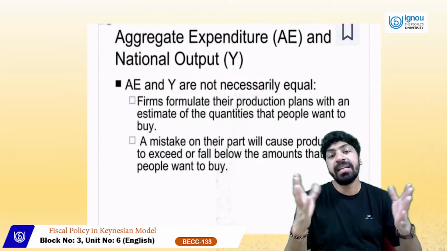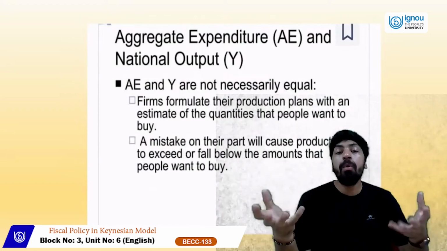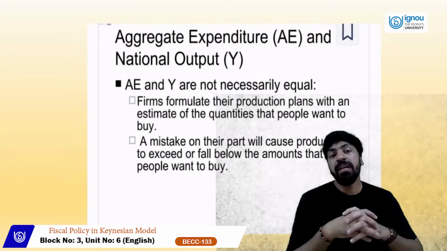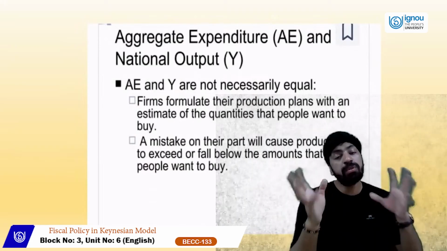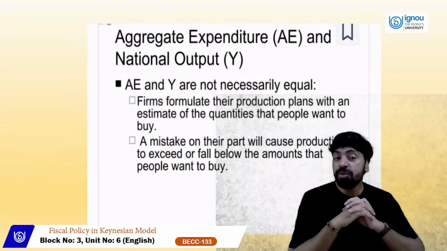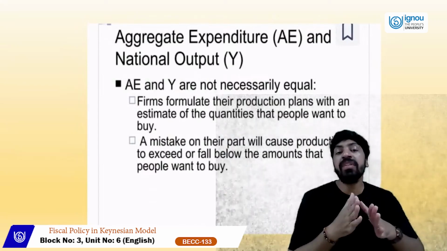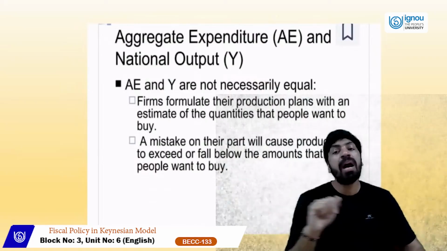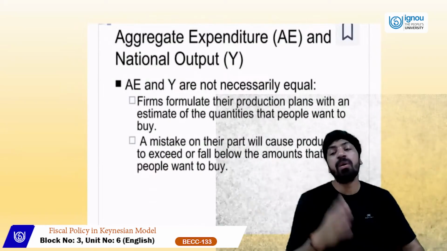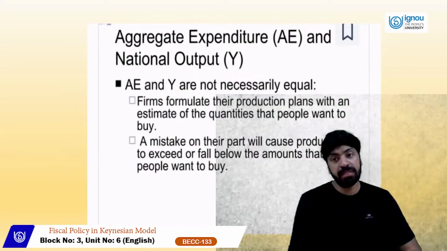That is a big downfall when we talk about errors in estimating production of the quantities people actually want to buy. So this is the major difference: aggregate expenditure and income are not necessarily equal because of these two important reasons.